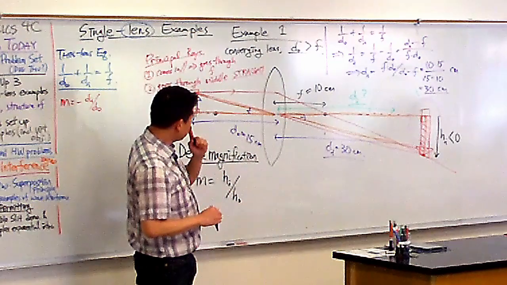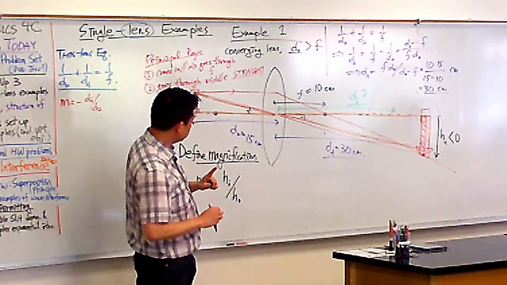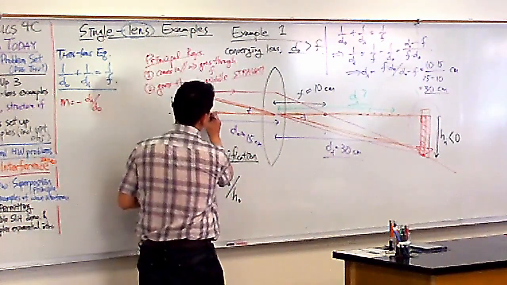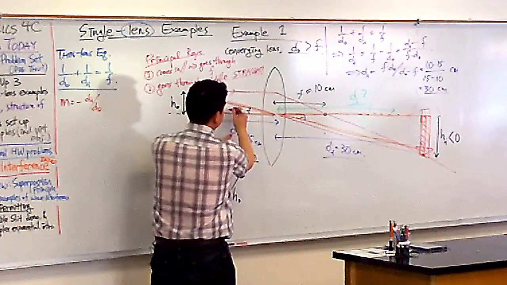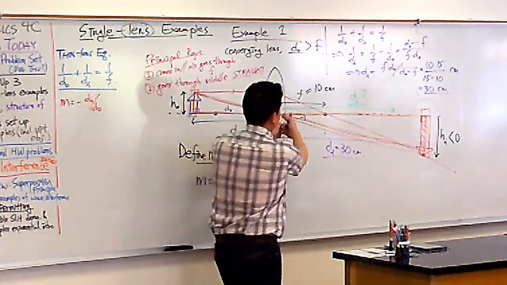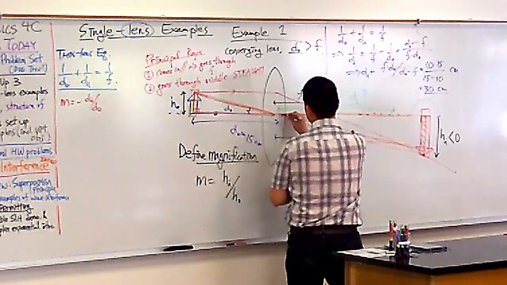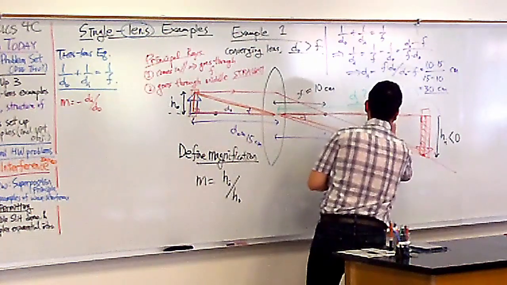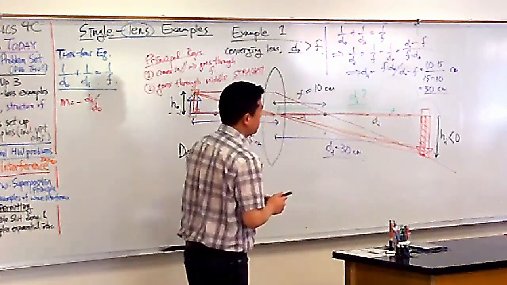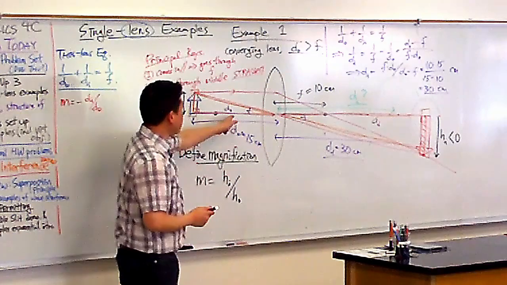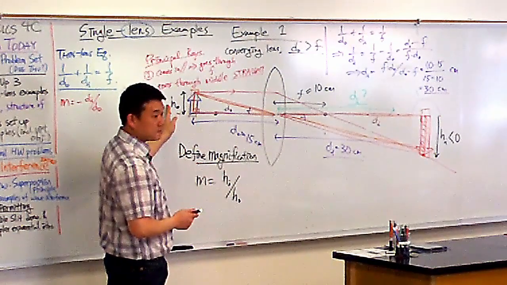Which means if you know the other sides, and we do, this side here is the object distance and this side here is the image distance. You can say that the ratio of the sides are the same.